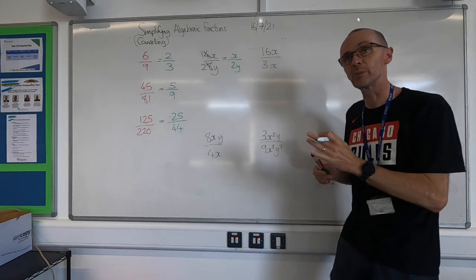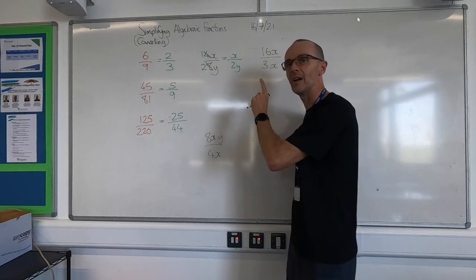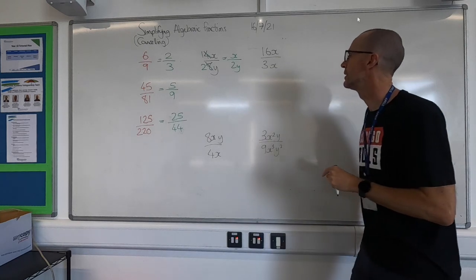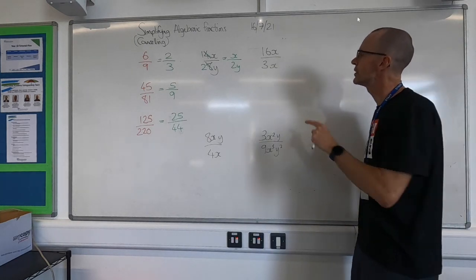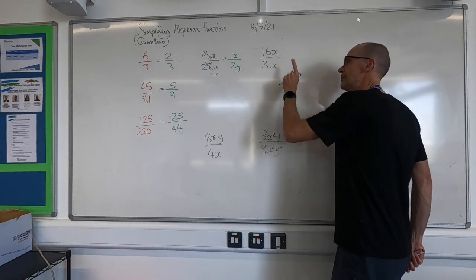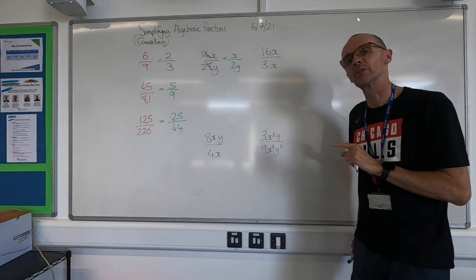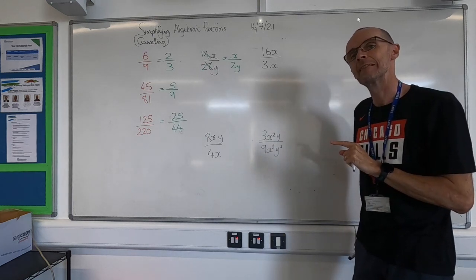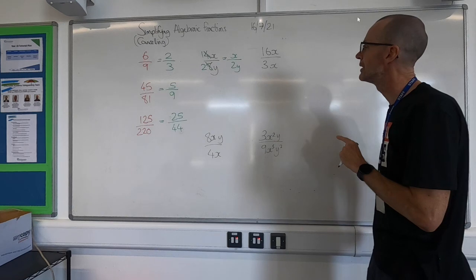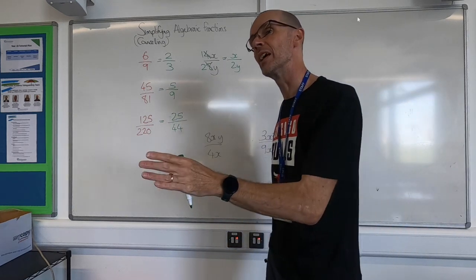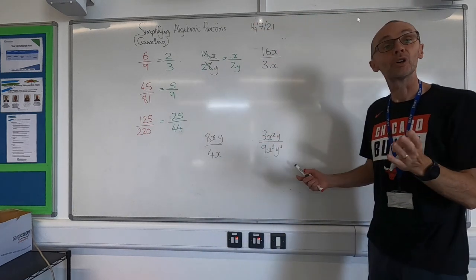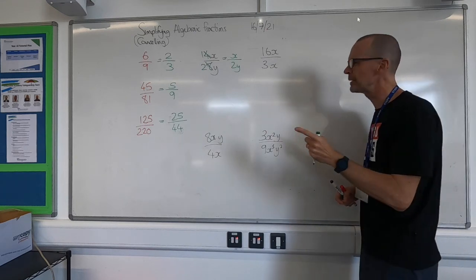So sometimes with algebraic fractions, you can divide both by a number. So Zach, what have top and bottom, numerator and denominator, got in common here? There's no number this time, but what do they have in common? X's. Both got an x, yeah. And we did this the other day in one of those revision questions.